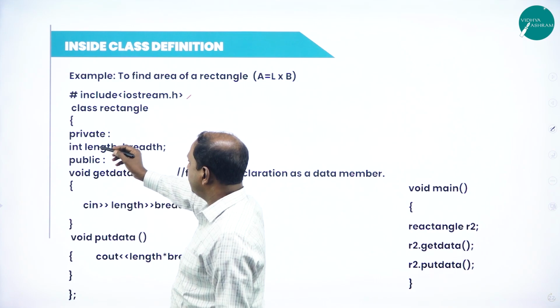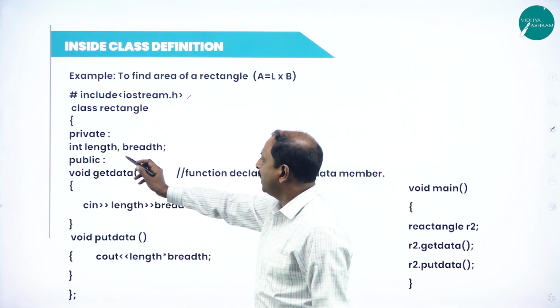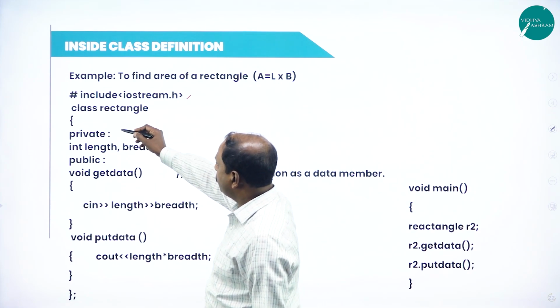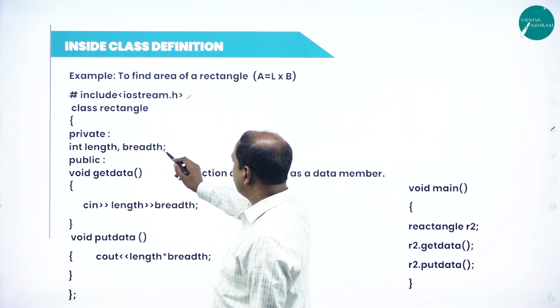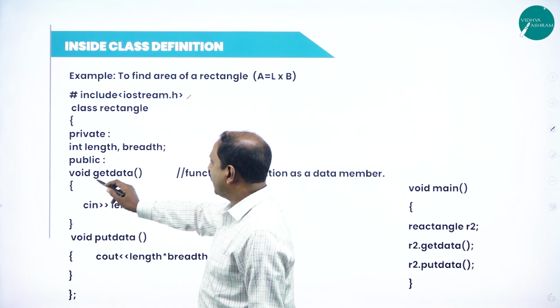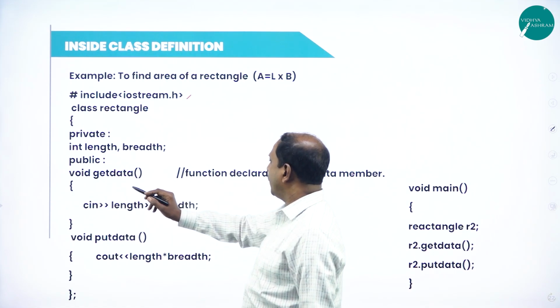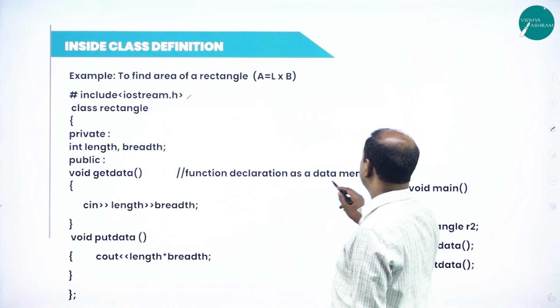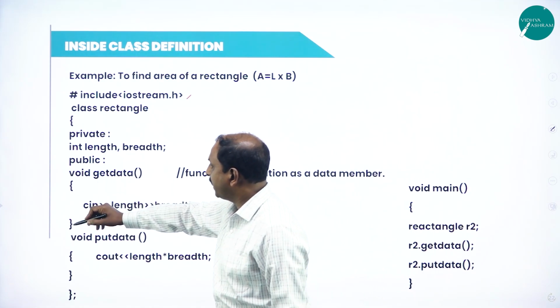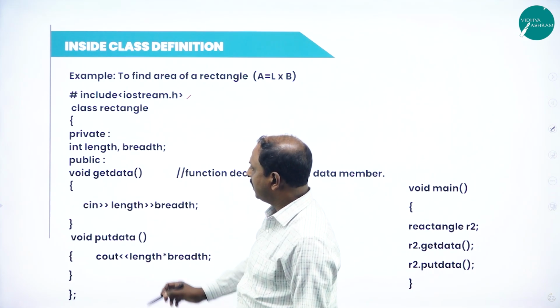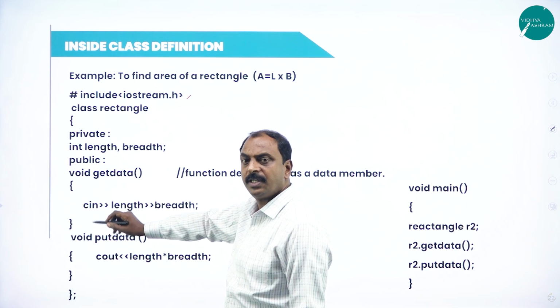Open the bracket, and here we declare the variables length and breadth under the private access specifier: private int length, breadth. Under public we have declared a function void get data, and this function is a member of this class rectangle. Here we are defining the function inside the class.